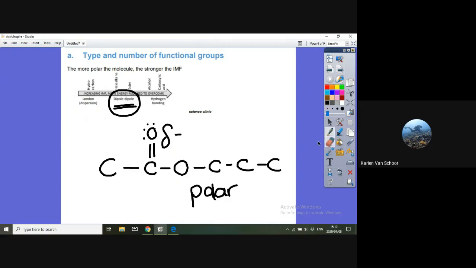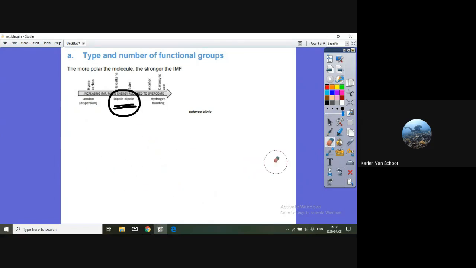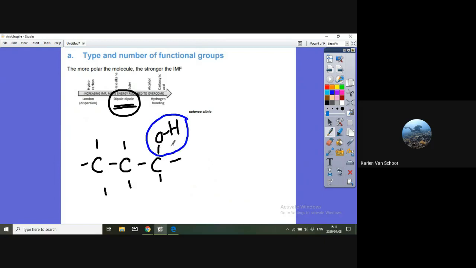The last two are for hydrogen bonding. Remember, it's also an intermolecular force. It's not to do with the atoms, but the atoms inside are to do with the molecules. So for an alcohol, you will have an OH. Remember, if you've got an O and an H here, what you need to focus on is that OH. So the molecule has an O and an H, which means it's going to cause a hydrogen bond, because this side is going to be delta positive.